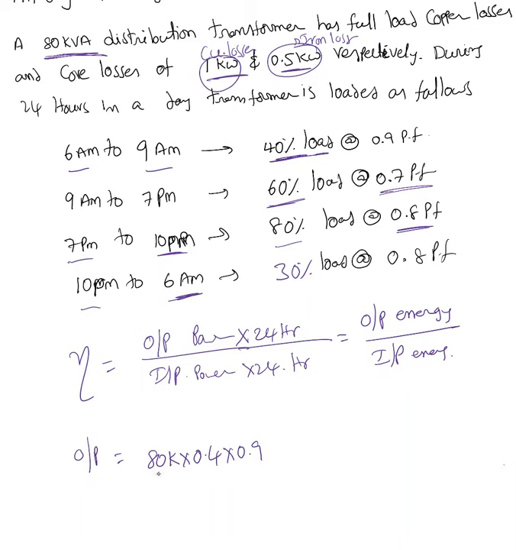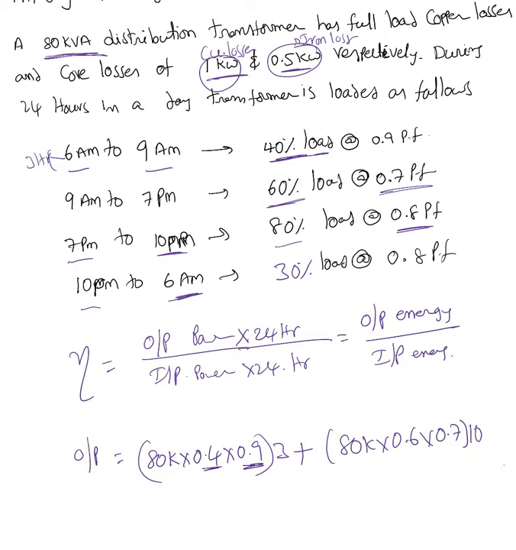It's a 40% load and power factor is 0.9, and this is running for 3 hours. Plus 80 kVA times 60% load, which is 0.6, times power factor of only 0.7, and this is running for how many hours? 7 plus 3, 10 hours.